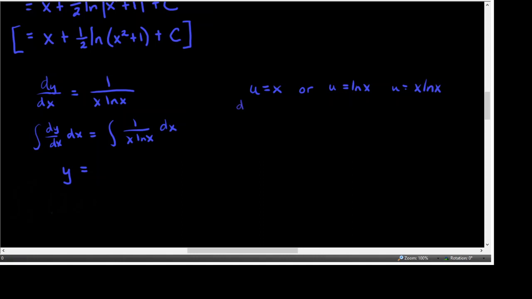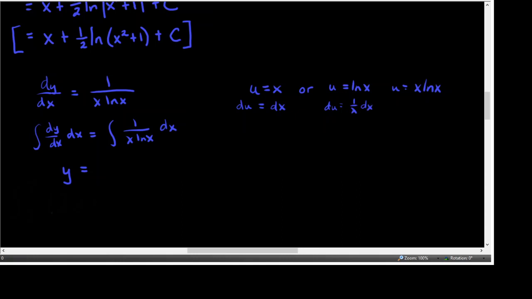So let's see what du dx is. Du is in each case the derivative of x is 1 dx in the first case. In the second case, du is 1 over x dx.